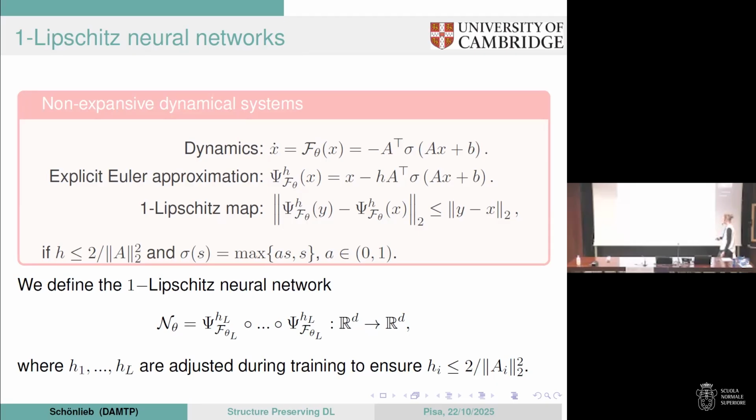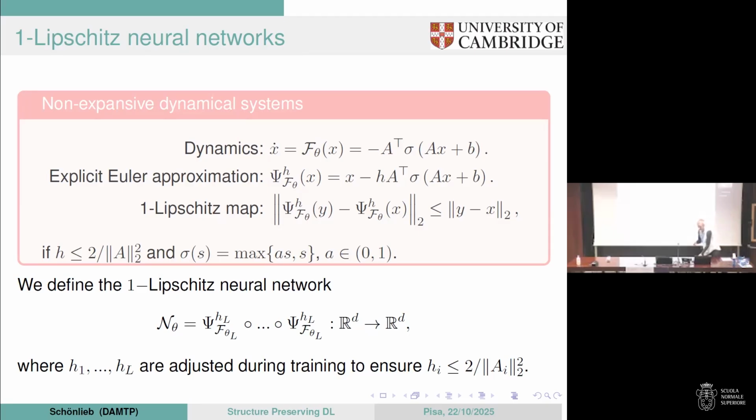Then the composition of those is also one Lipschitz. This is a restriction on the step size and also, depending on what you choose, on your nonlinearity.